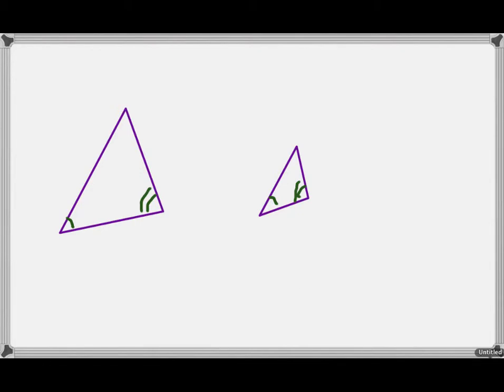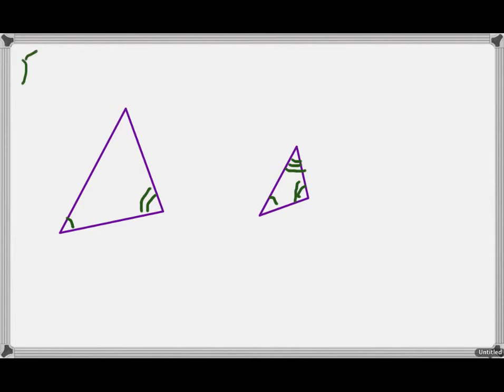Alright, let's look at some examples here. I want to draw two shapes, one a little bit smaller than the other. And I'm going to put these little angle arcs inside the shape. That kind of helps indicate the corresponding congruent angles.